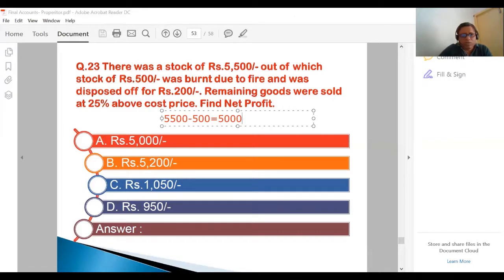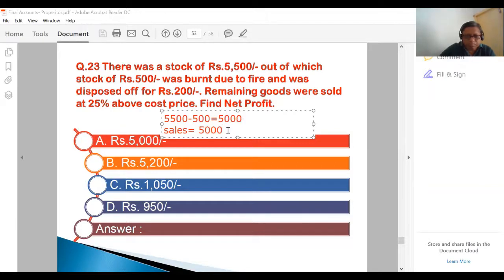Remaining goods were sold 25% above the cost. So what is the sale price? Sales is 5,000 into 1.25, that is 6,250.